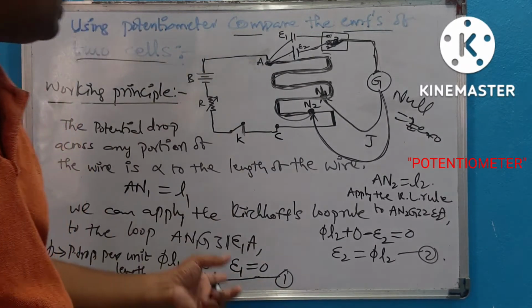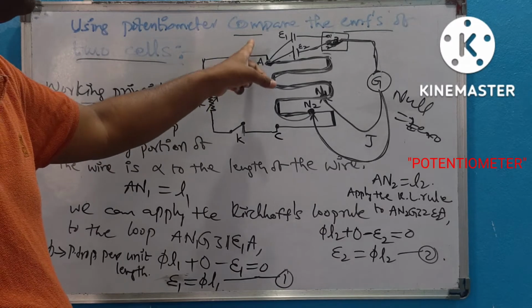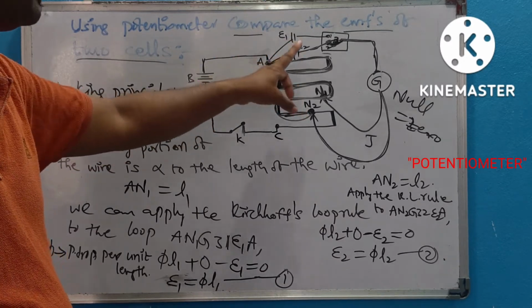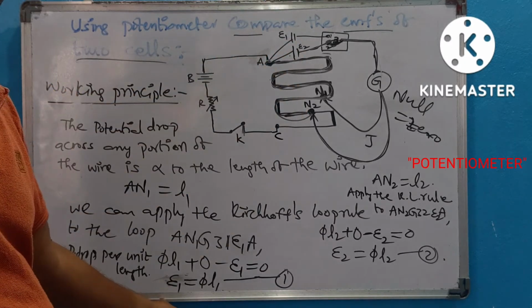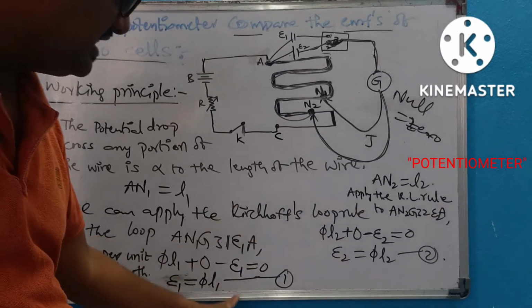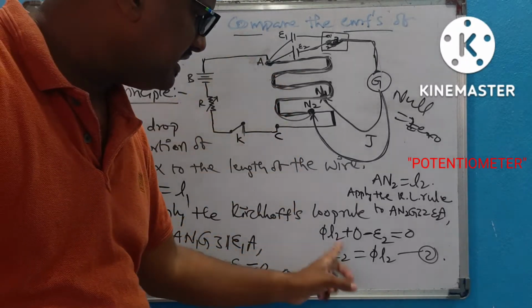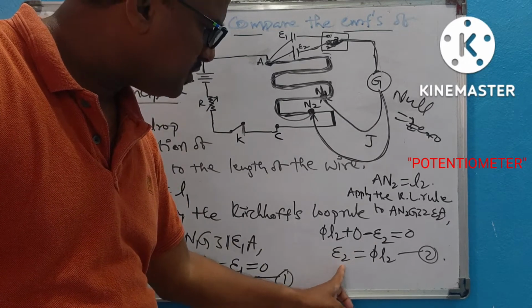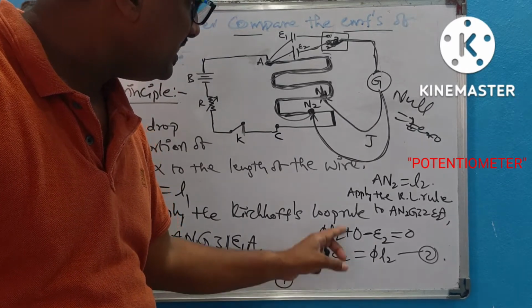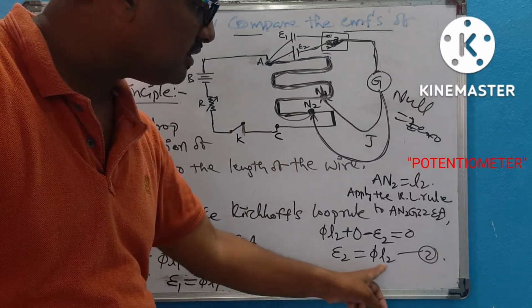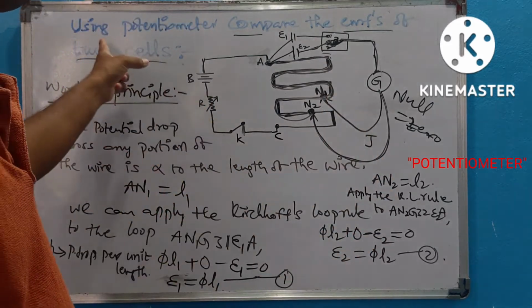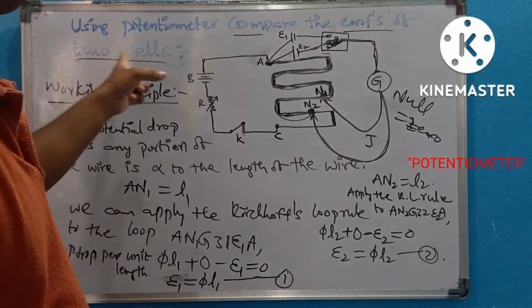Whenever the first cell is connected, we get the EMF of the first cell equal to phi L1, and whenever the second cell is connected, the EMF of the second cell is equal to phi L2. Our task is to compare the EMFs of the two cells.